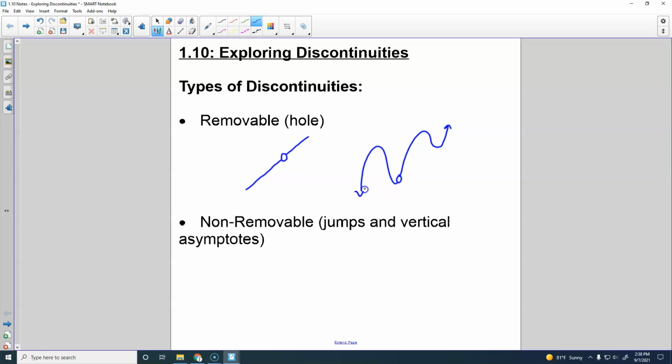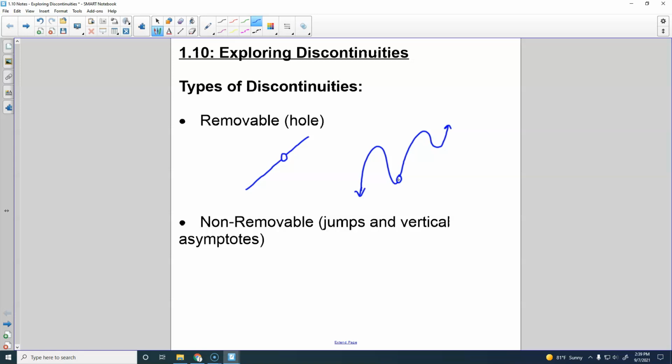It could look lots of different ways, but it's just an open circle somewhere on the graph, right? And it is called a removable discontinuity because you could remove that hole in the graph by adding just one single point to the function. All right, so it can be fixed with one point.